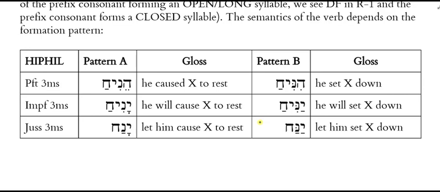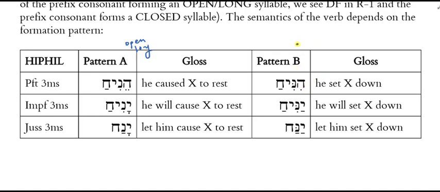here is a chart with just a couple of the forms. Ross gives you a fuller chart. Don't feel like we need to do that for our discussion purposes here. But what I want you to see is I've got pattern A, pattern B. Pattern A is where my prefix is open and long. Okay, so open and long.